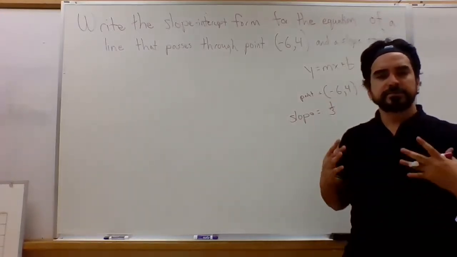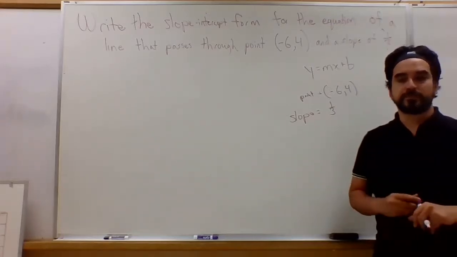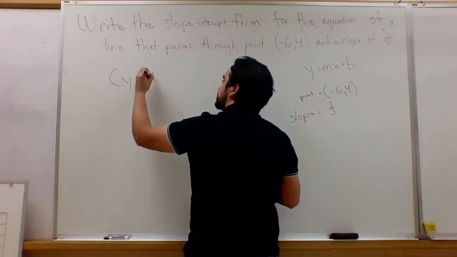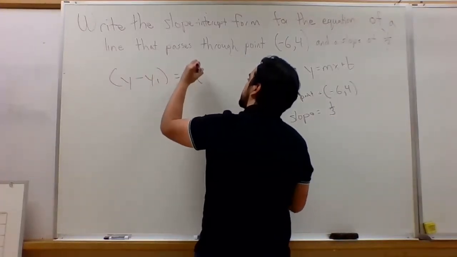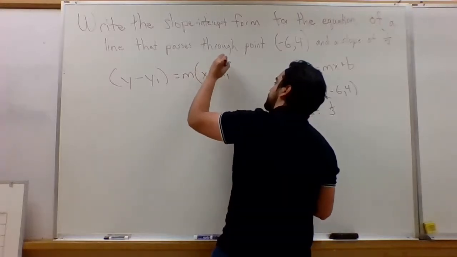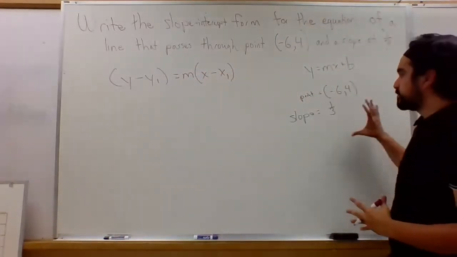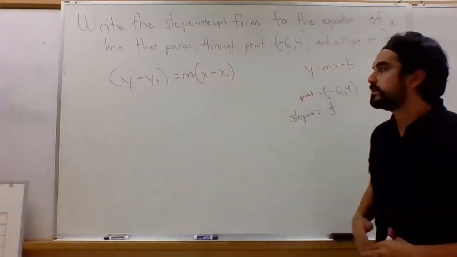Next thing, if it gives me a point and a slope, the formula I'm going to use is point slope form, which is y minus y1 equals m times (x minus x1). Now what I'm going to do with this is substitute the information they give us into the formula.